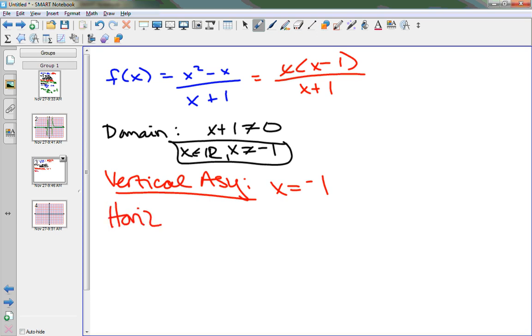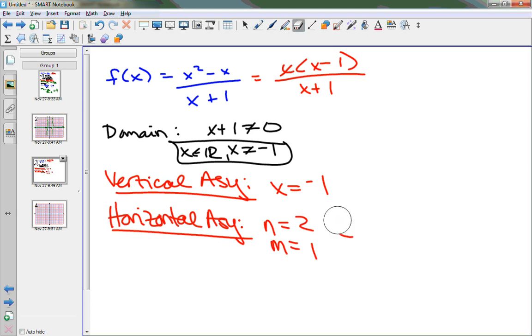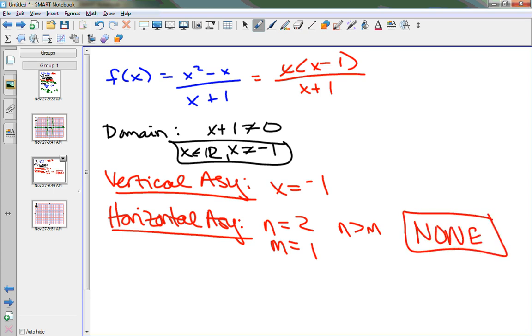Horizontal. What's the degree of my numerator? 2. What's the degree of my denominator, which is m? And if n is greater than m, what type of horizontal asymptote do I have? I have none. You need to make sure that you write that down. Because now, what does that imply that I could possibly have, but I don't have to?